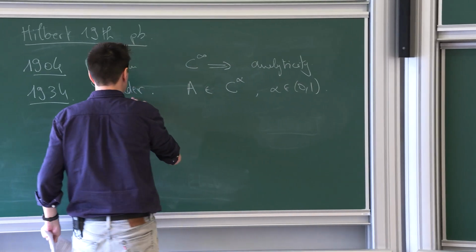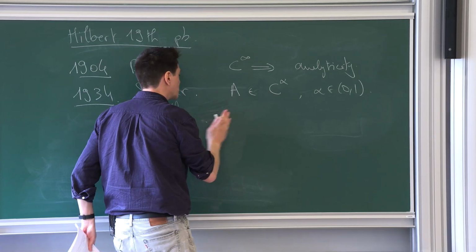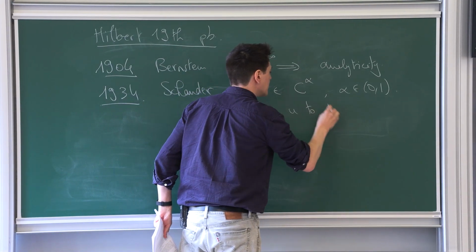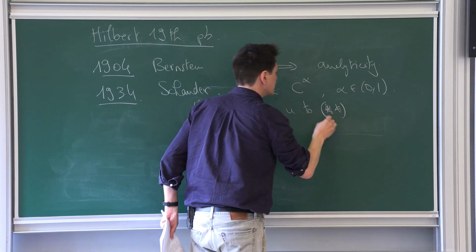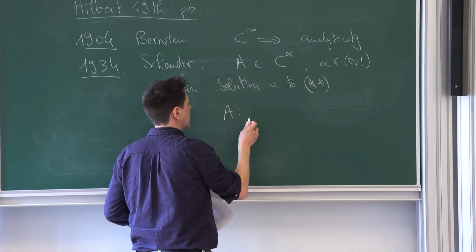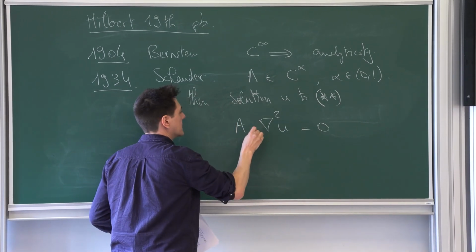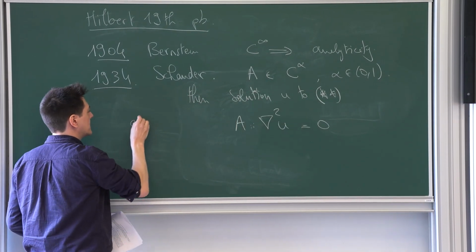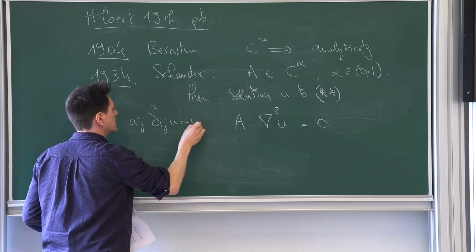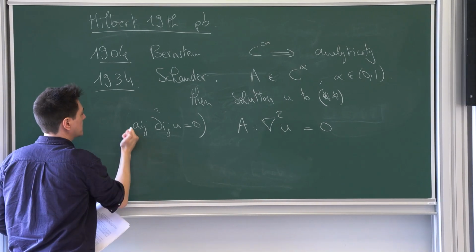So then the solution U to 2 star, which, let's rewrite it, is A dot dot. By the way, this notation just means A_ij D^2_ij U, where the repeated indices are summed. It just means this.